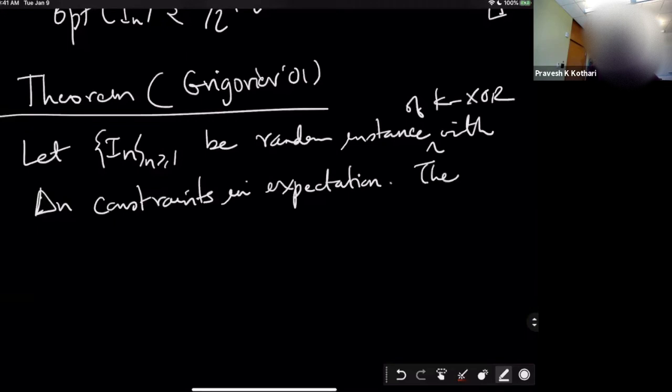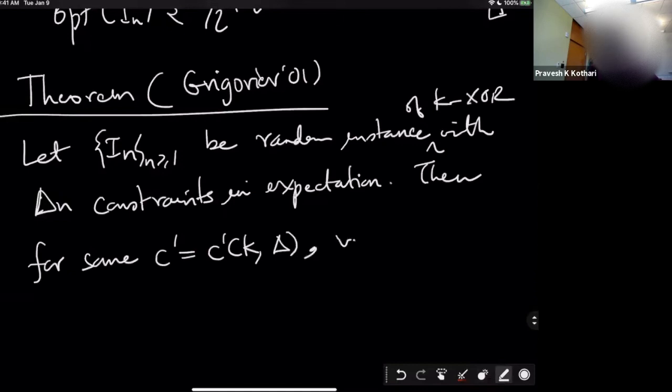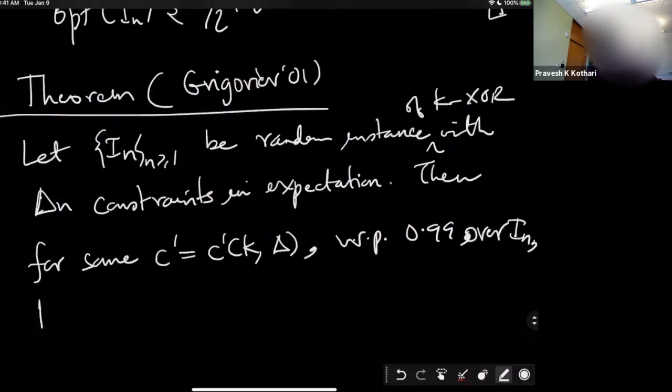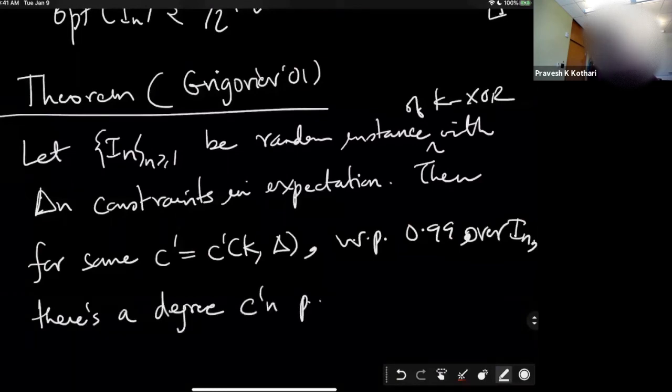Then for some C prime equals C prime of K and delta, with probability at least 0.99 over the draw of I_n, there's a degree C prime n pseudo distribution mu such that E twiddle mu of val I is 1.